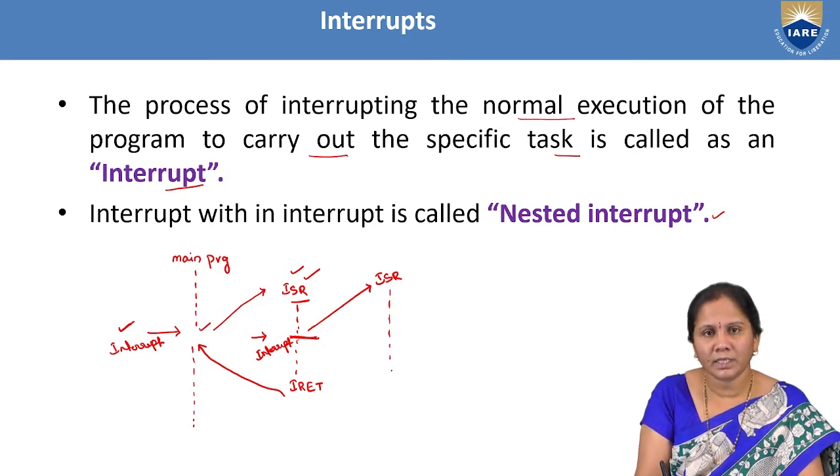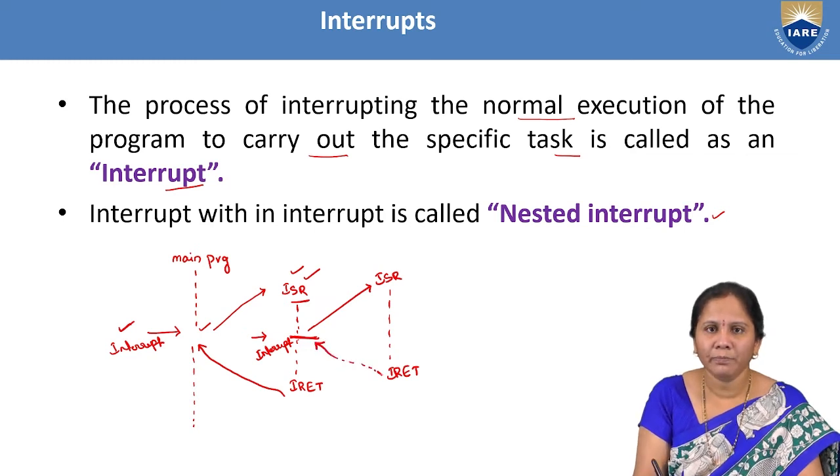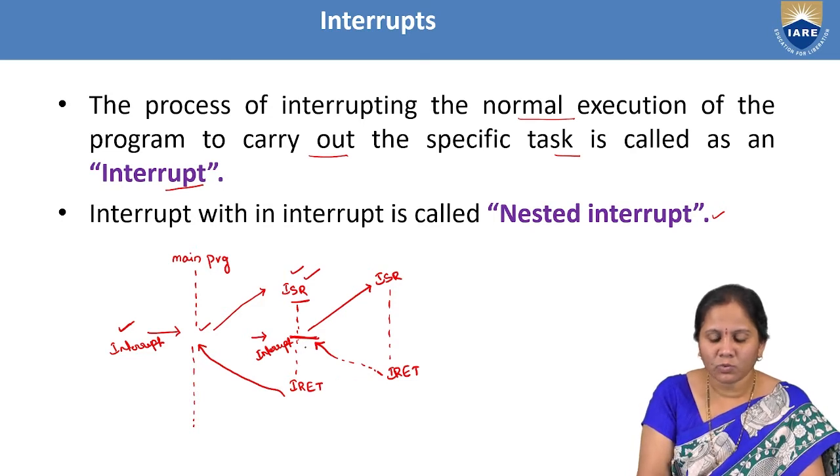At the end of this interrupt service routine, here also we have to write the IRET instruction. When this IRET instruction is executed by the 8086 microprocessor, the control goes back to where it had stopped, that is the earlier ISR, and it completes that ISR.